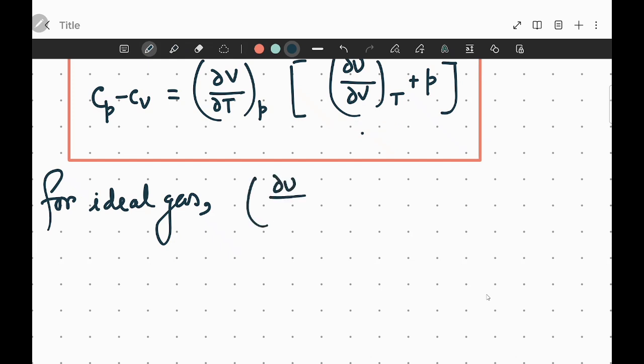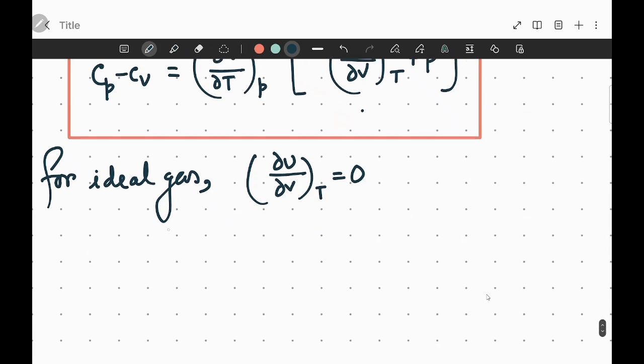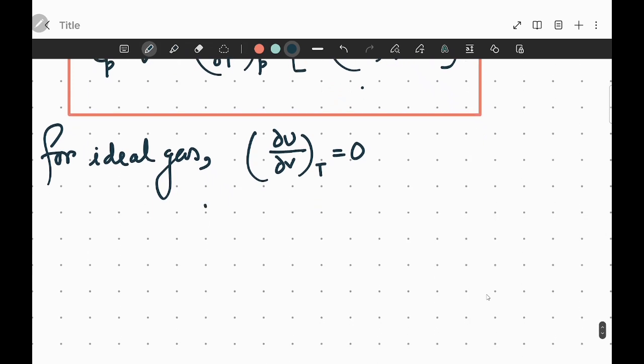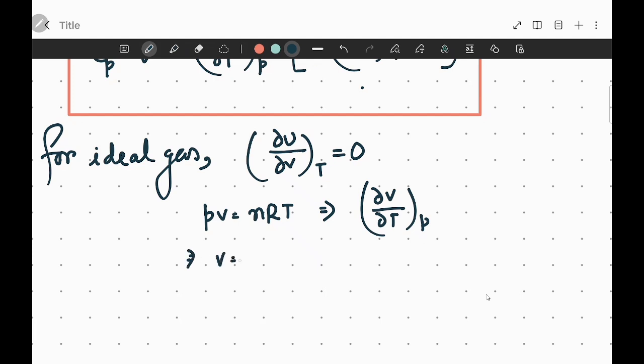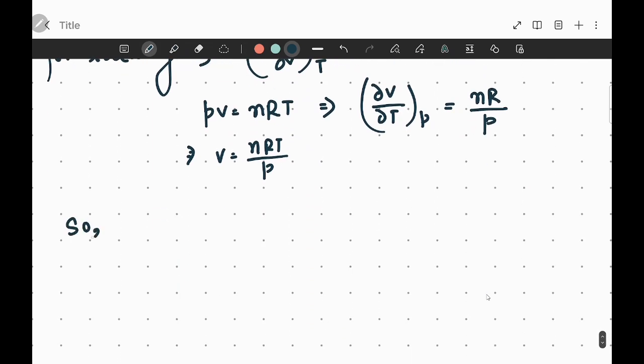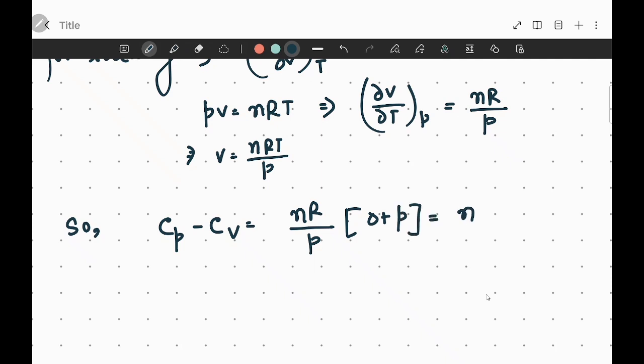And for del V del T at constant P, PV equals nRT, so V equals nRT by P, and del V del T at constant P is nR by P. So CP minus CV equals nR by P into 0 plus P, which is nR. So we just remember this.